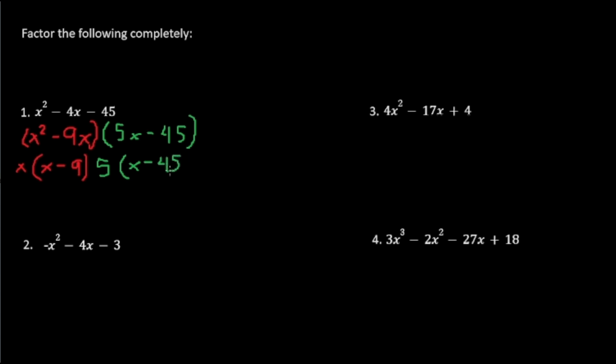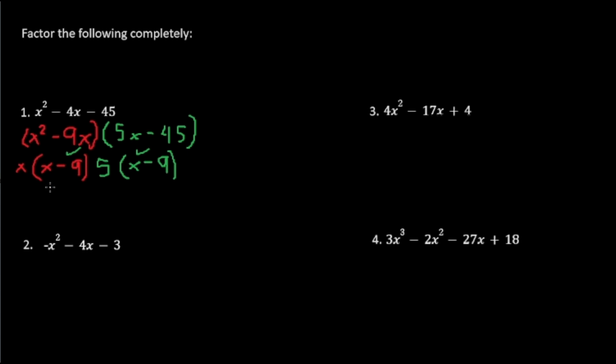Oh wait, pardon me, not 45, just x minus 9, sorry, oh my god, minus 9. So now we see that both of these are the same, which is good.